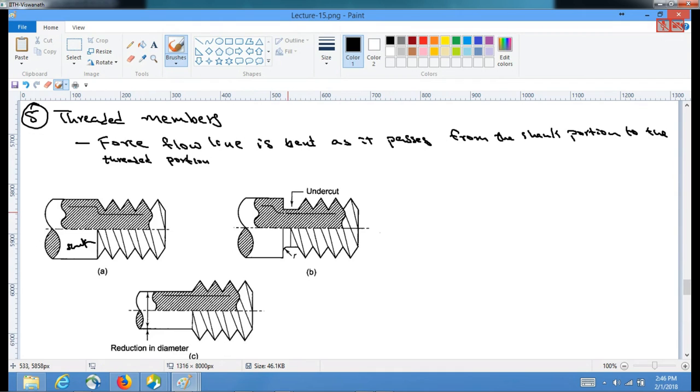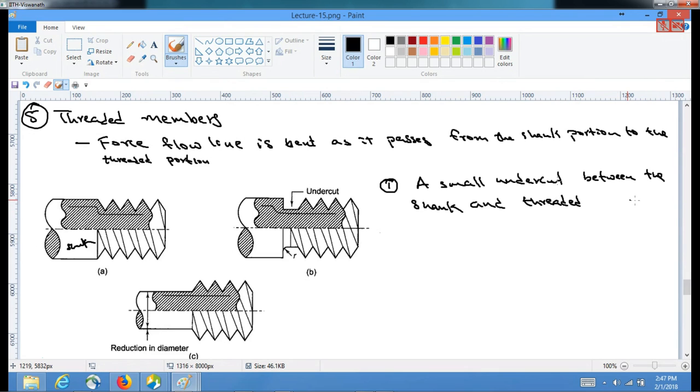The first one is a small undercut between the shank and threaded portion and a fillet radius provided for the undercut.